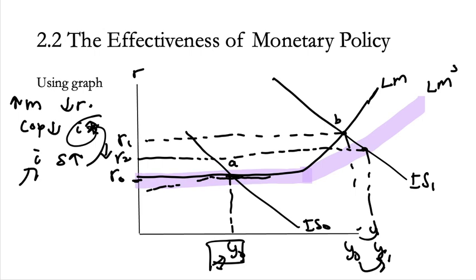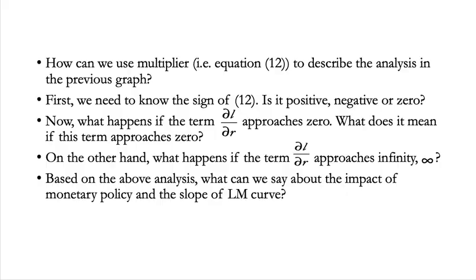So like I said earlier, the effectiveness of monetary policy here depends on the LM curve, whether it's flat or steep or vertical or whatever it is. So that means the effectiveness of monetary policy depends on the interest elasticity of LM itself and money demand, speculative demand of money. All right.